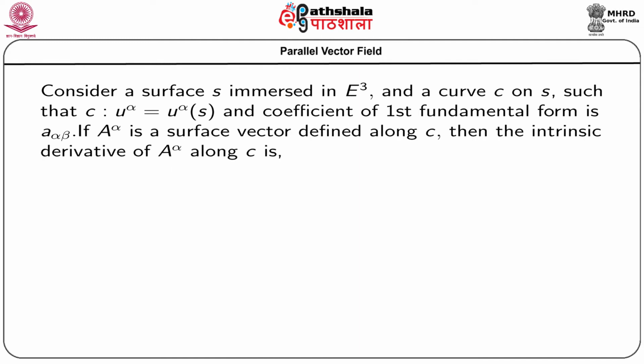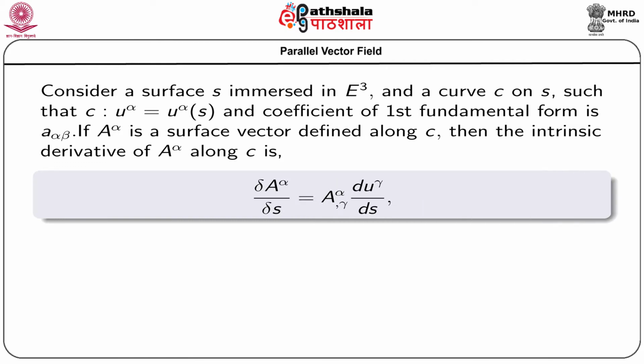If A alpha is a surface vector defined along C, then the intrinsic derivative of A alpha along C is given by del A alpha del s equals A alpha comma gamma du gamma ds, where alpha and gamma are the surface indices running from 1 and 2.